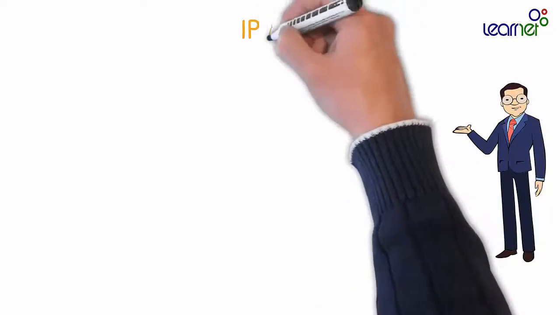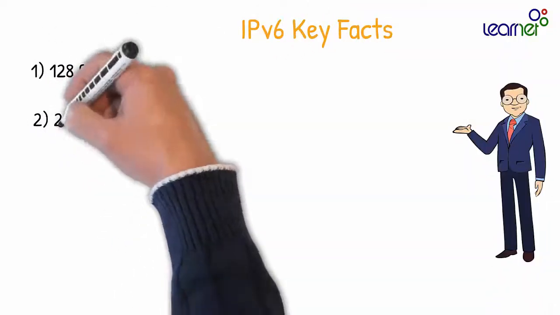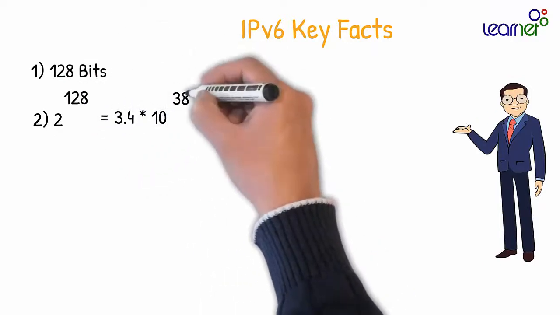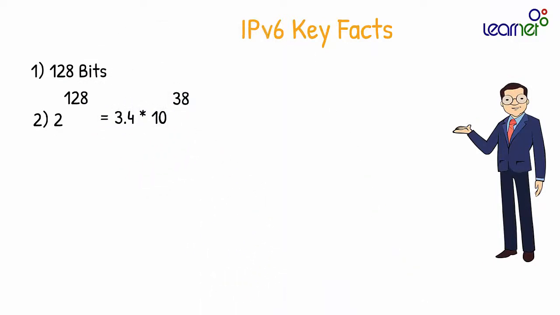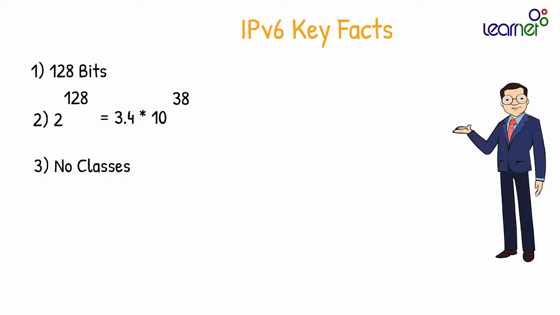Let's review some key facts about IP version 6. Each IP version 6 address is 128 bits. So the whole address space would be 2 to the power of 128, which equals 3.4 times 10 to the power of 38, which is a big number. In IP version 6, no classes have been defined, so we don't have class A, B, C, D, E like IP version 4.